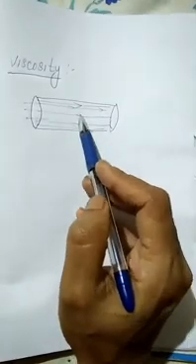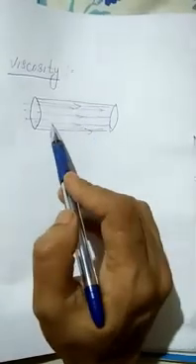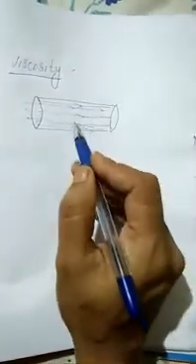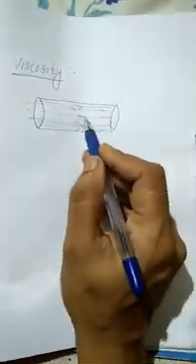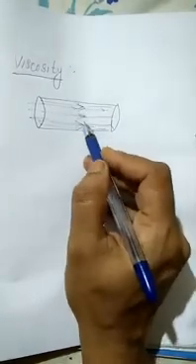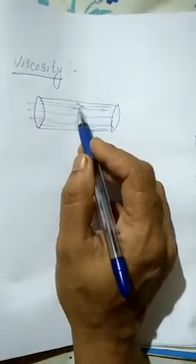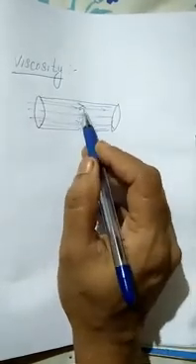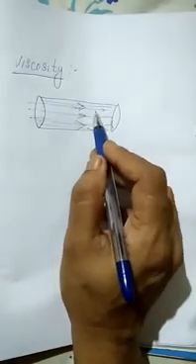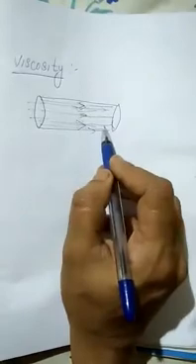Okay, and besides this, each layer, here you can see so many layers I have drawn, each layer of fluid exerts another force on the layer which is in contact with that layer. So it tries to prevent the flow of this liquid forward.